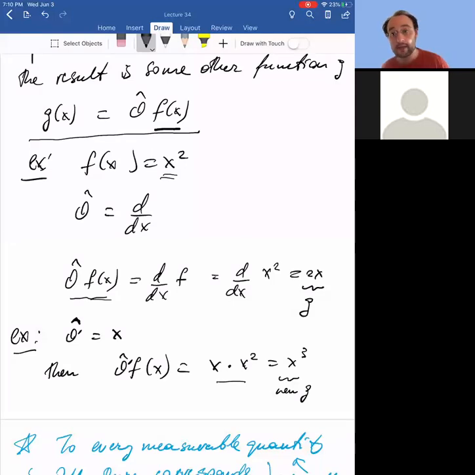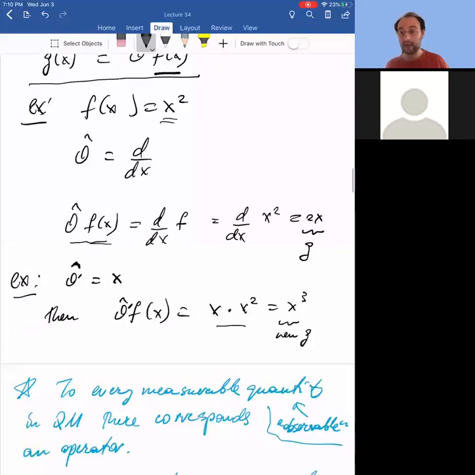Here's a different example. Multiplication by x. For example, x could be a position. And let's say you have, again, the same function, x squared. I'm using O prime to indicate that it's a different operator. So not to confuse this operator with this operator, I'm using a different letter, O prime.